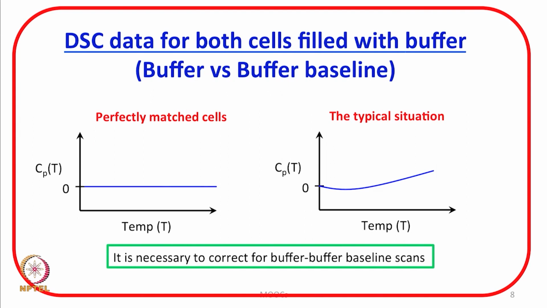So, if we want to study the unfolding of a protein by means of heat, and we want to use the differential scanning calorimeter, to get relevant information, we will need to do two experiments.